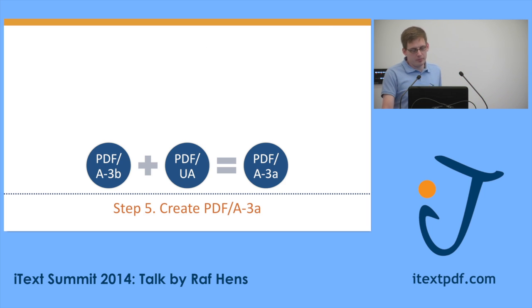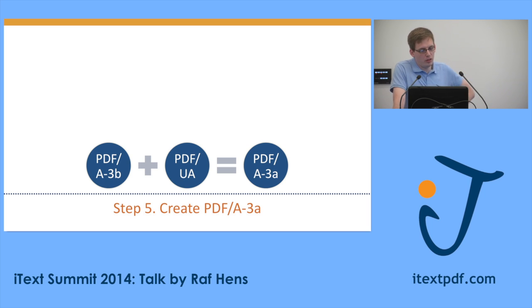Okay, if we put all this together, for people knowing the specifications, it may seem a bit odd to combine these things this way to get a PDF/A-3 level A file, because we're actually doing a bit more than strictly necessary in iText in this case.